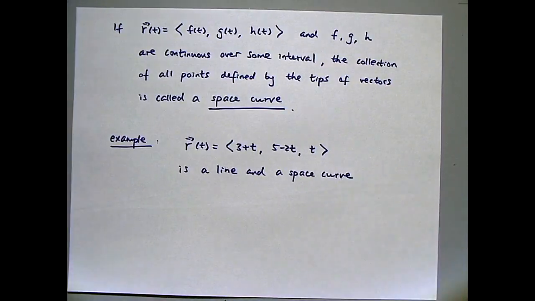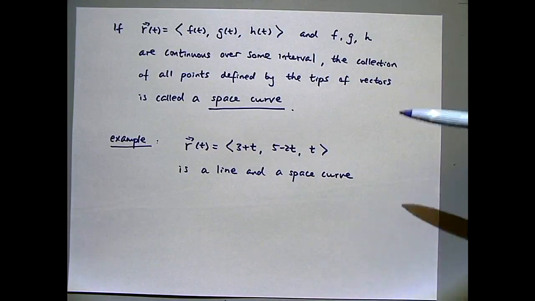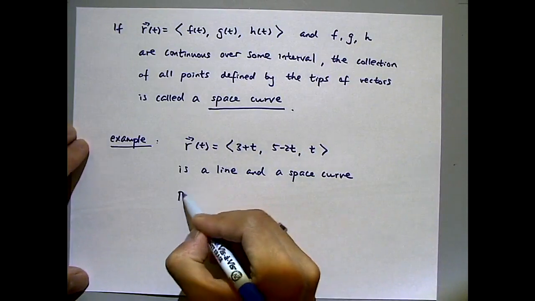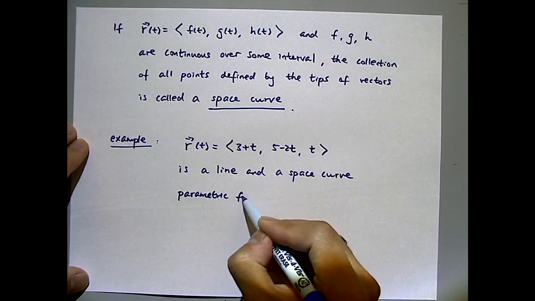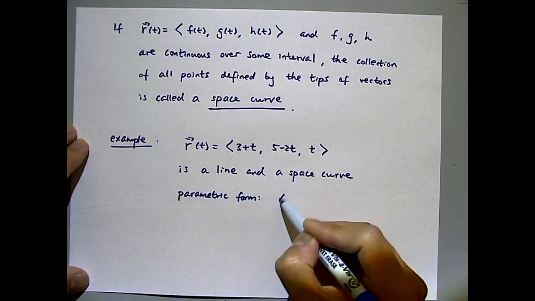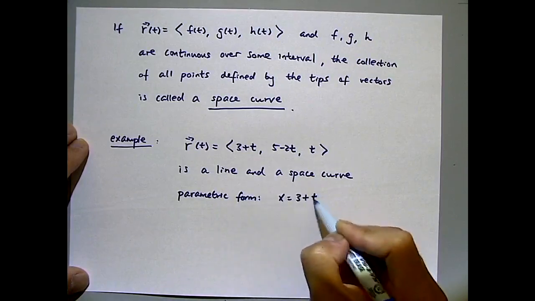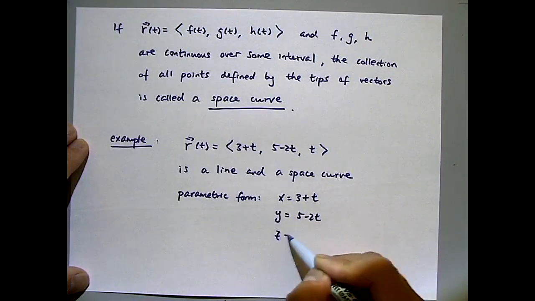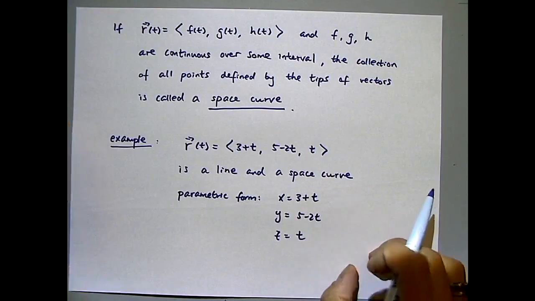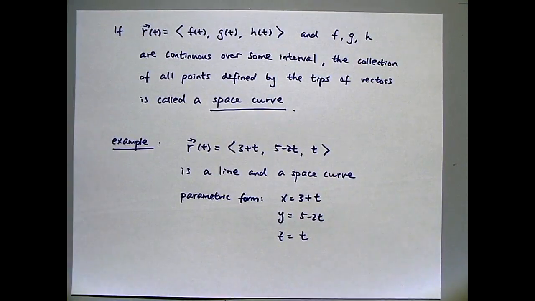So it's a line, but it's a subset of all the possible space curves you can get out of it. And just like dealing with the line, we can rewrite the equation in the parametric form, which all it does, if you remember, is listing the x and y and z component of that curve, in this case, a line.